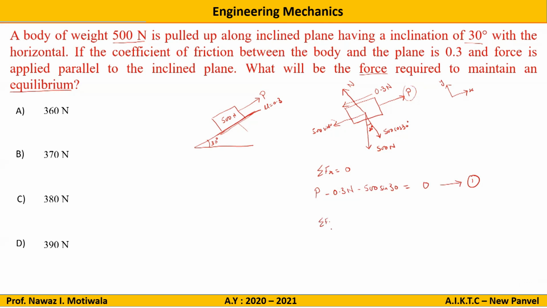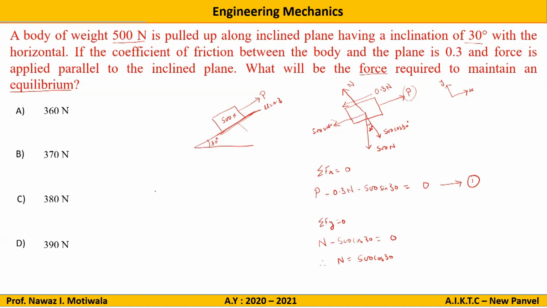Now go for summation of Fy equal to 0. For Fy, I have two forces: N going upwards, so it will be positive, minus 500 cos 30 is equal to 0. From here, I will get N equal to 500 cos 30.